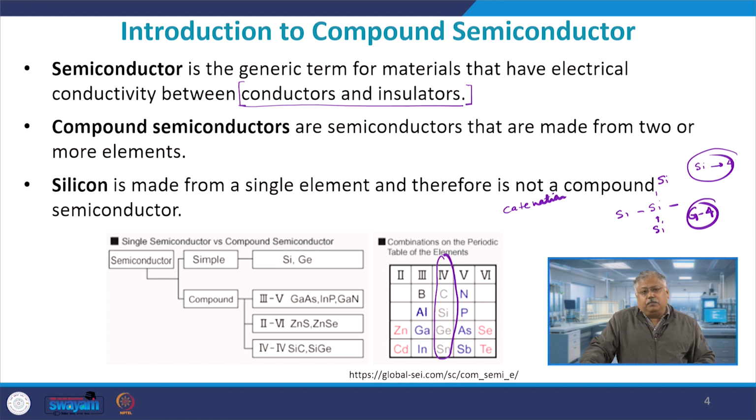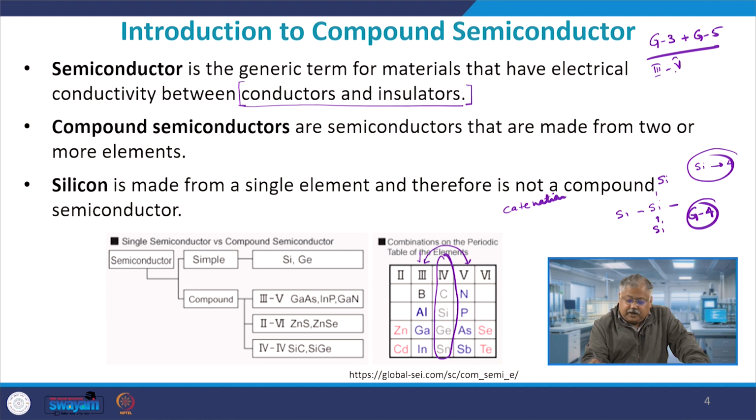However, a compound semiconductor is made up of two or more materials. For example, we say a 3-5 compound semiconductor, which means that it is made up of group 3 plus group 5 elements. That is the second point which you see: when it is made from two or more elements, we define that as a compound semiconductor.